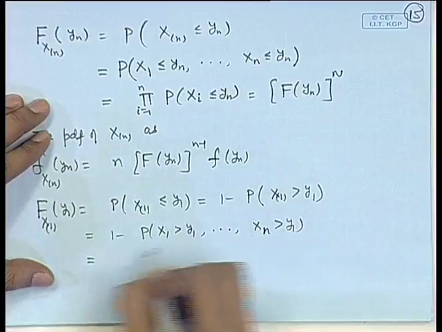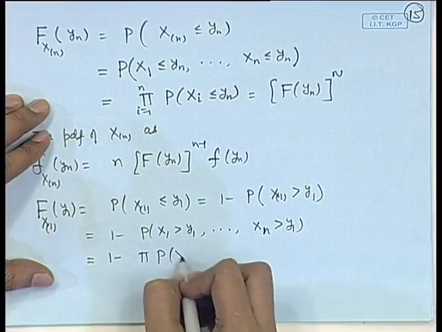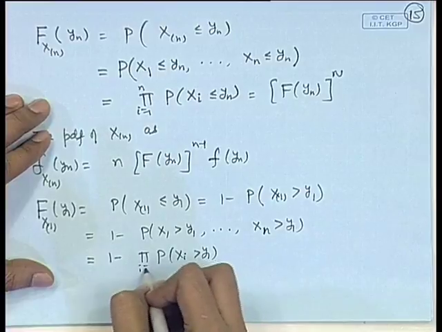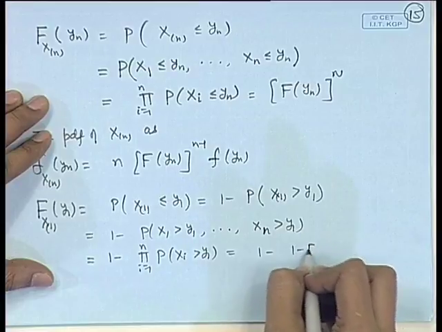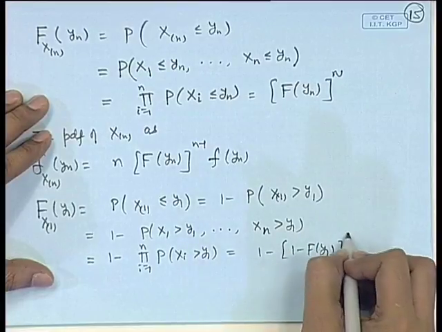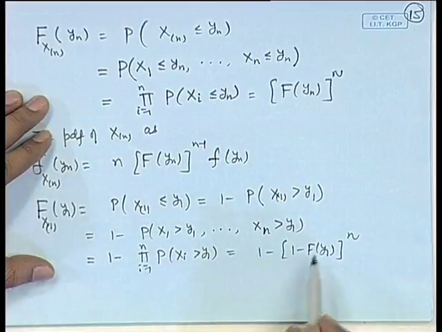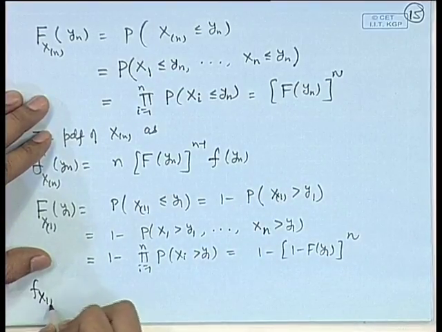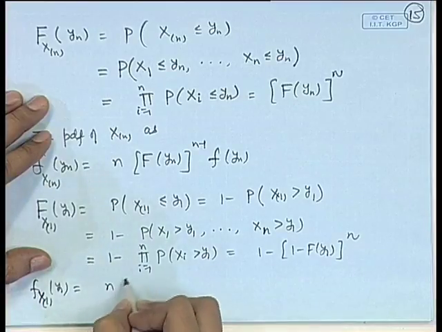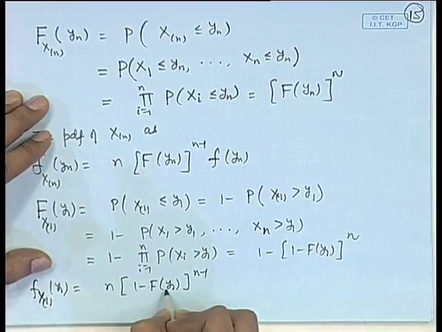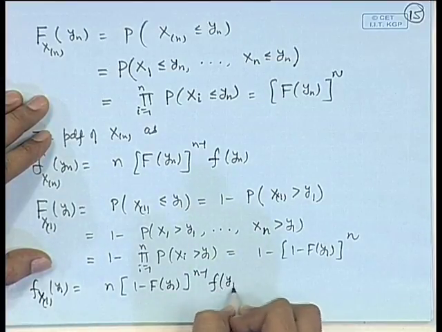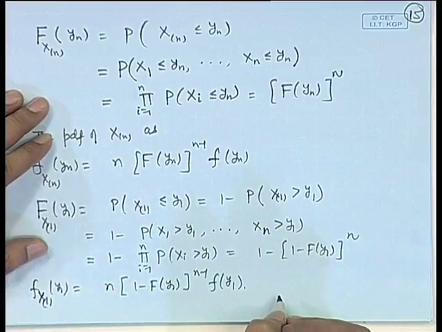At this stage, we can use the independence, 1 minus the product of P(Xi greater than y1), and since each of these is identically the same, it is 1 minus F(y1) to the power n. So, the CDF of the smallest can be determined, and the PDF of the smallest can be determined by differentiating this with respect to y1. That gives n times 1 minus F(y1) to the power n minus 1 times f(y1). So, the distributions of the largest and the smallest order statistics can be determined using the CDF approach.